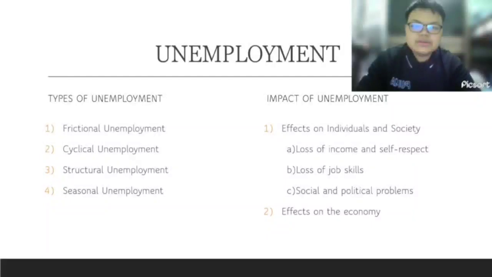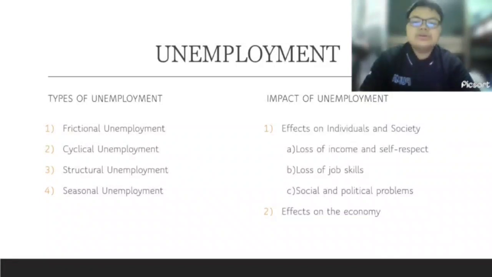Similarly, graduates just entering the workforce add to frictional unemployment. This type of unemployment is usually short-lived. It is also the least problematic from an economic standpoint. Second, we have cyclical unemployment.